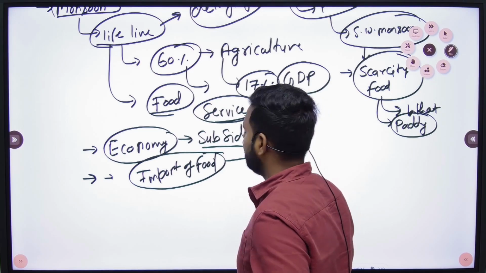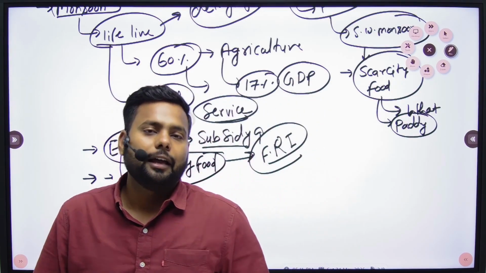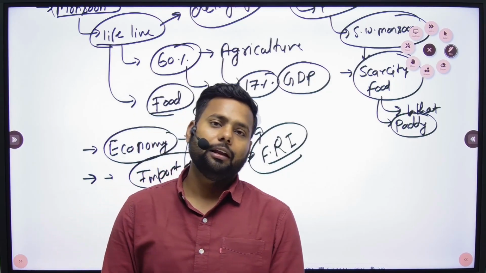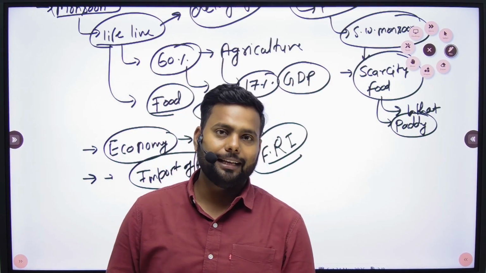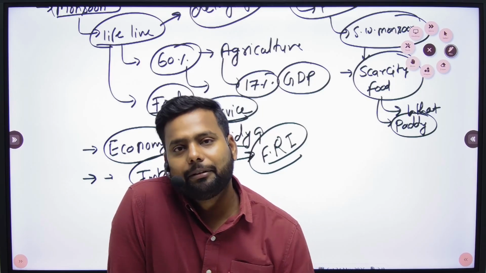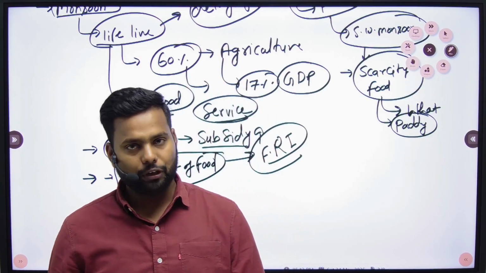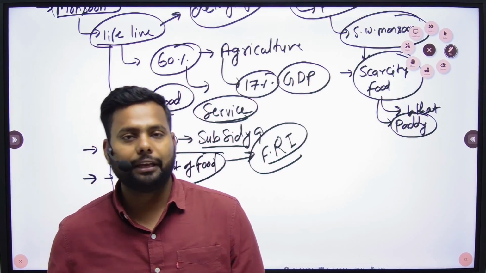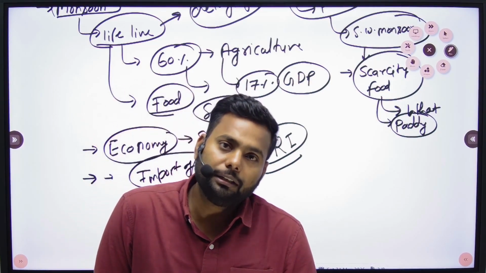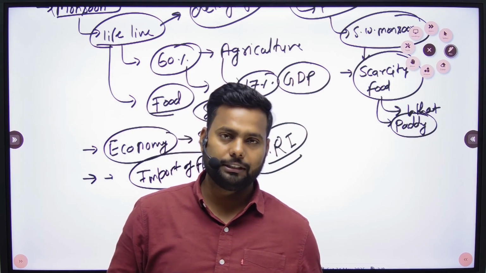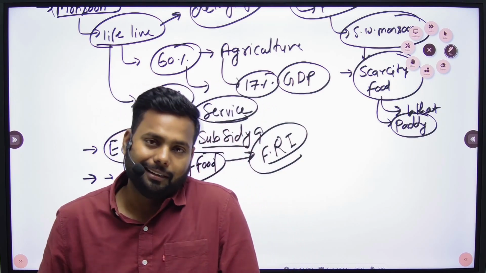So these are the impacts, and that's why we are saying that the monsoon is a gamble, and India is depending and hanging on that gamble. But with the passage of time, because of modern technology, we are not totally dependent on the monsoon, as many technologies and irrigational methods have been developed.